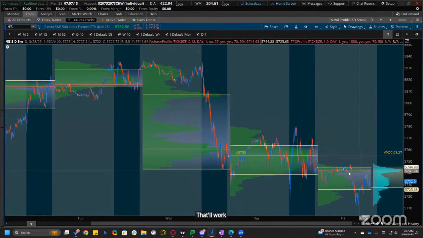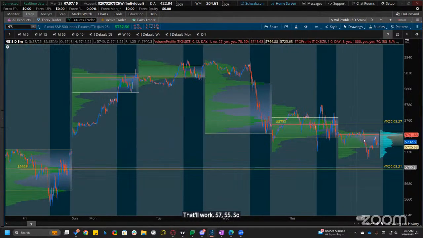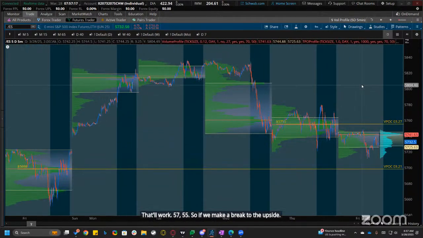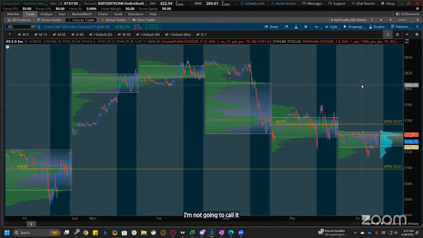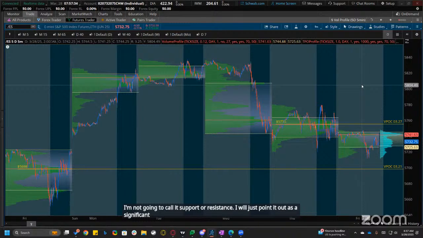So if we make a break to the upside, we've got that to deal with. Now, some people consider these to be support or resistance. That tends to add bias that I don't think belongs there. I'm not going to call it support or resistance. I will just point it out as a significant level of interest. That's where the greatest amount of volume took place yesterday.